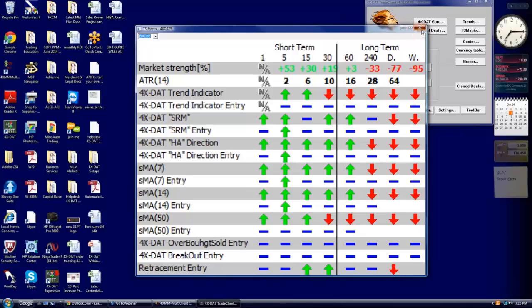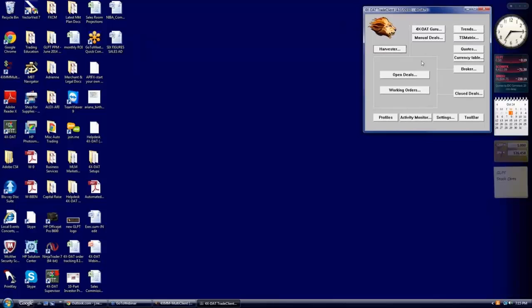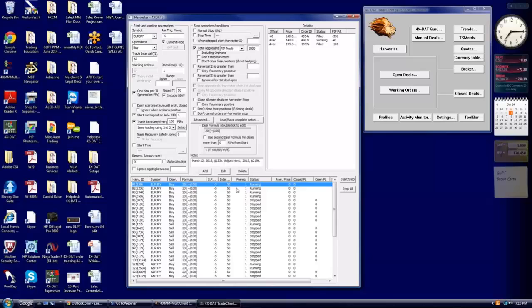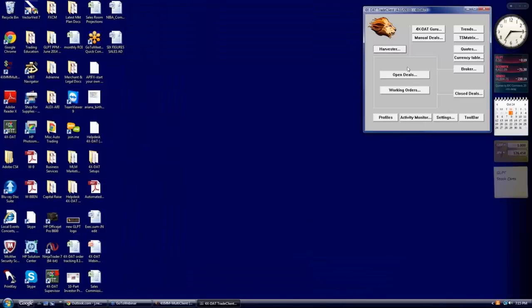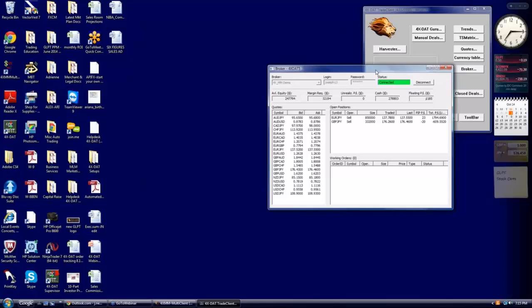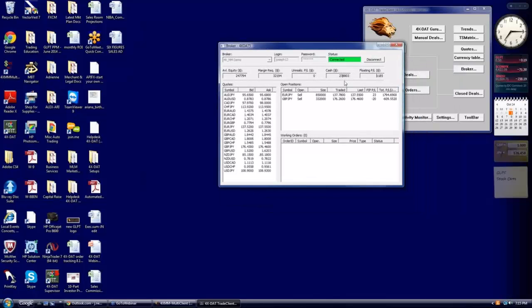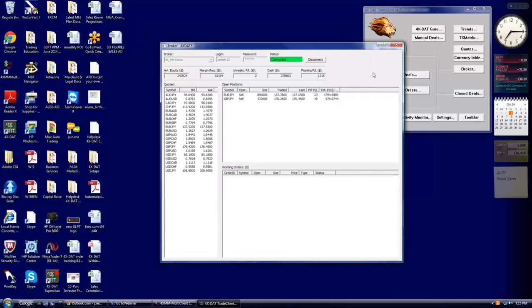Now, this particular strategy has been running since December 2012, so not quite 2 years yet. It started off with $100,000. Currently, the broker is showing about $280,000. So we're up about 180% on this particular strategy over the last, call it, 22 months.